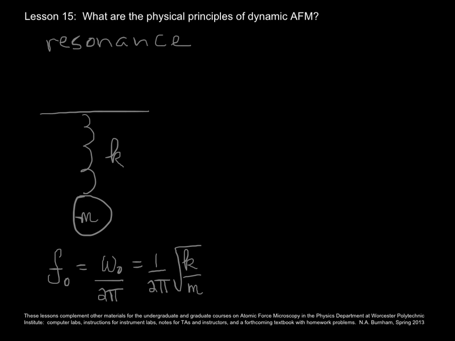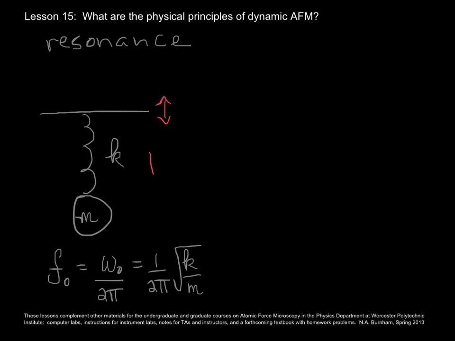In order to understand the dynamic AFM behavior, we need to talk about resonance. So let's imagine that we have a mass hanging from a spring, which in turn is attached to a support, and we may control the position of that support vertically.